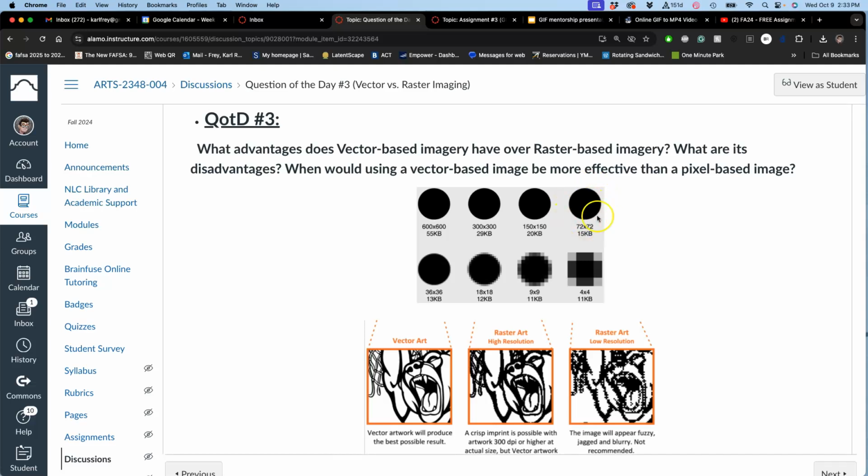Think of this as 1 inch, right? That's when we can see it as a clean circle, even though it's made up of squares. As soon as we get less than 72, which is standard minimum screen resolution, which means you should never produce anything that's less than 72 pixels per inch, because it's trash, we start to see those squares very clearly, right?